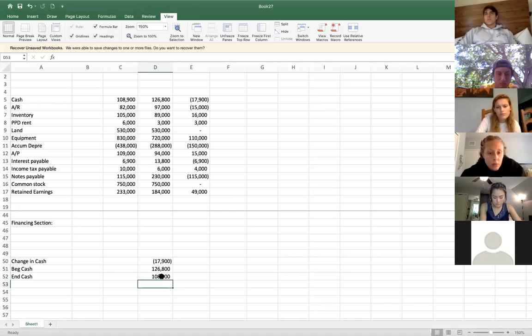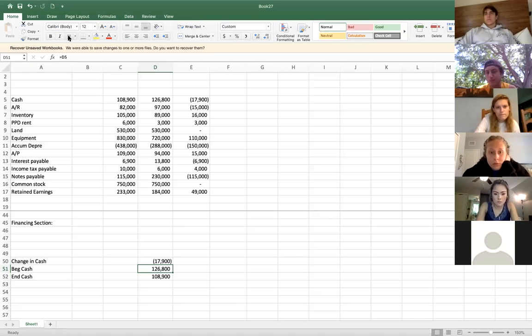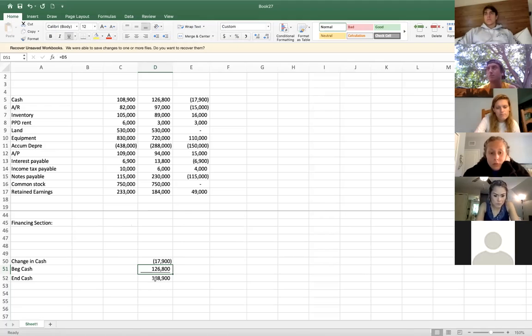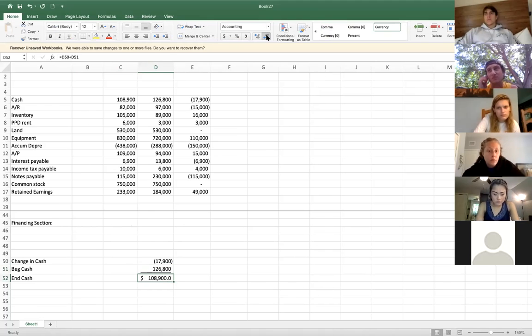And I know that ending cash, when I take the 17,900, combine it with 126,800, ends up with 108,900, which in fact it does. So now I have accounted for the change in my cash account, and I have dealt with it on the statement of cash flows.